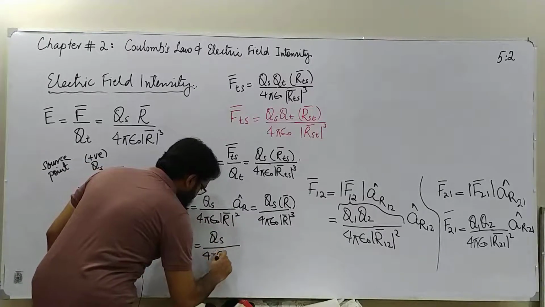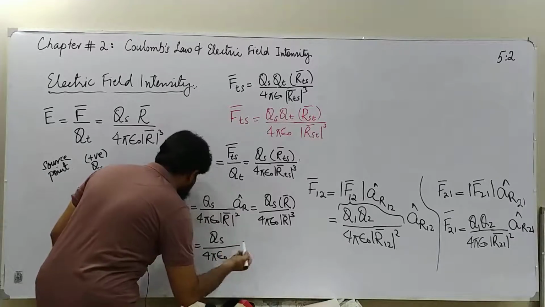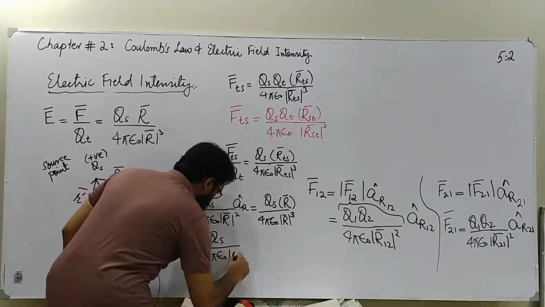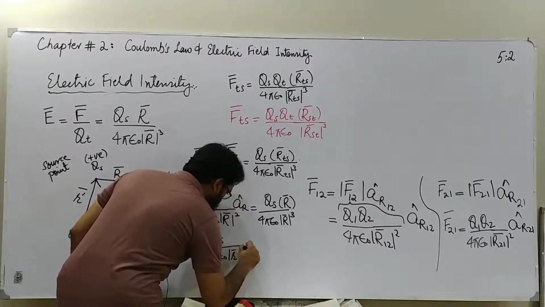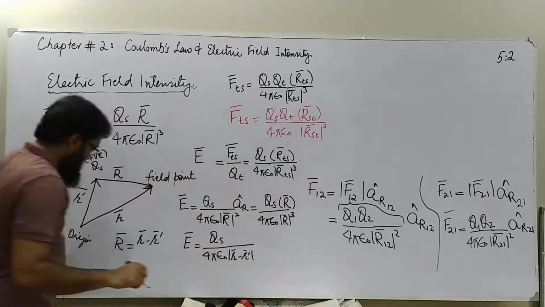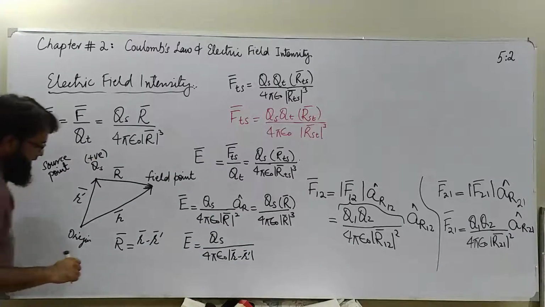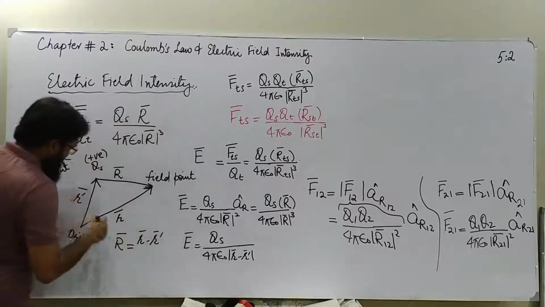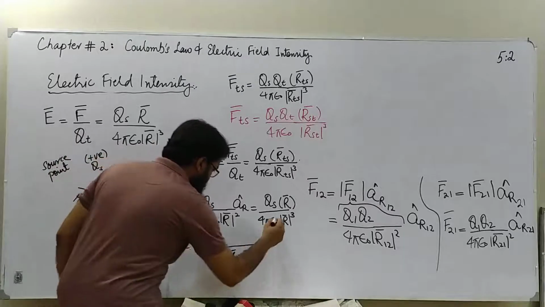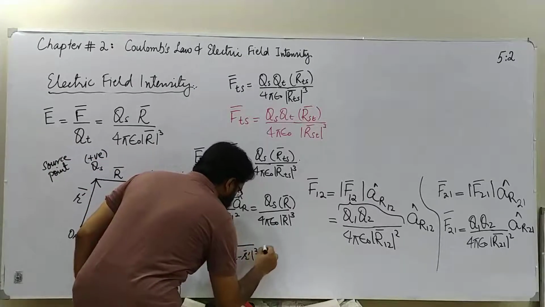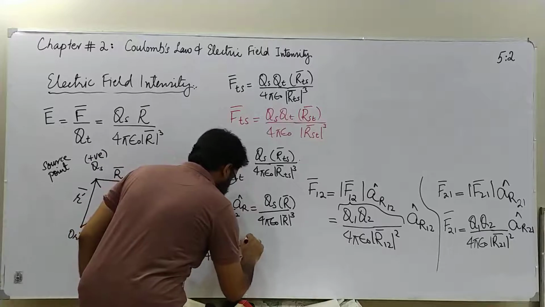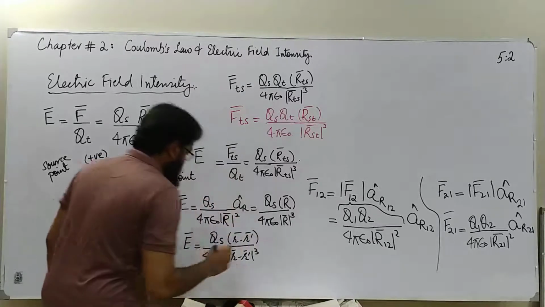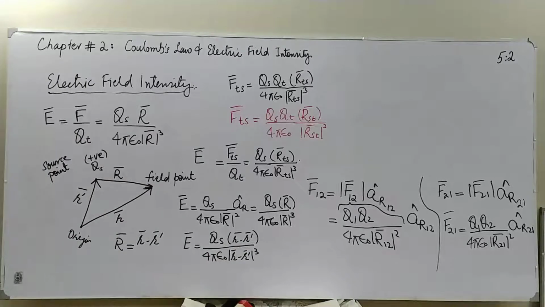It is nothing but a specialized Coulomb's law, in which we have made the second charge equal to plus 1 Coulomb. So this cubed, multiplied by R minus R prime. This is what it should look like.